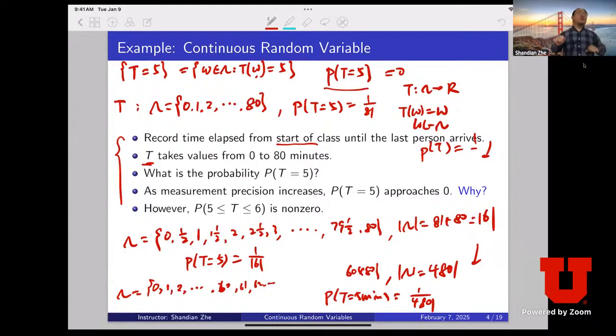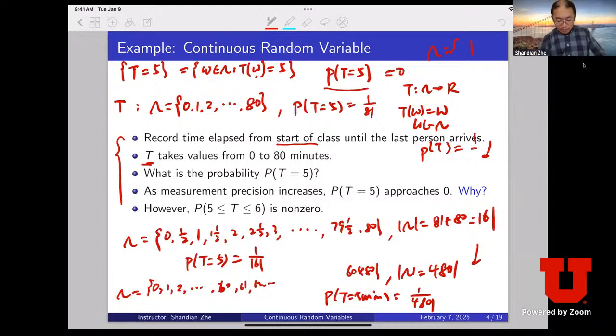Now, let us push to the limit, meaning that I have a watch which is infinitely accurate, meaning that it can record any continuous time during this range. Then your sample space becomes infinite. It will contain infinitely many elements.